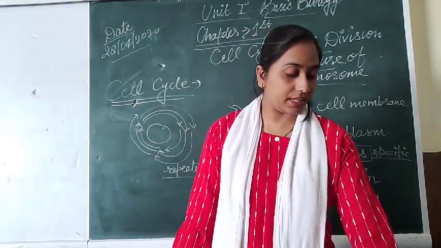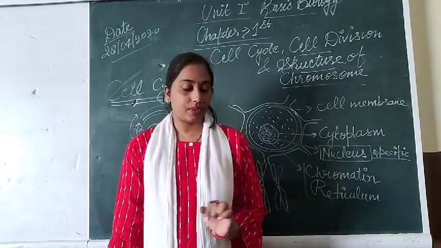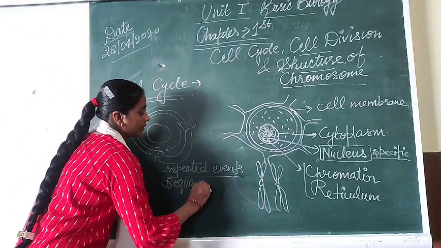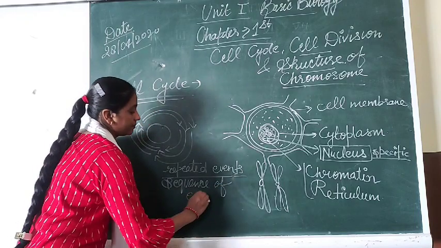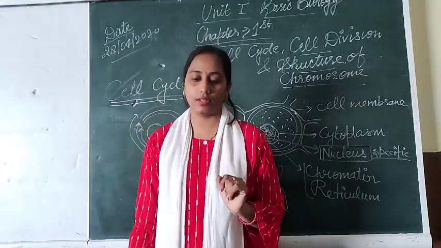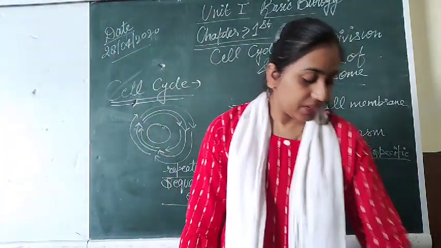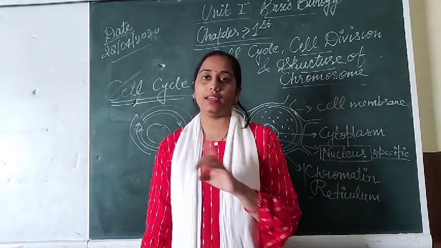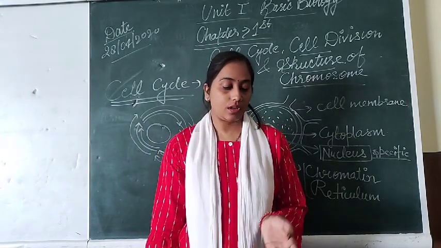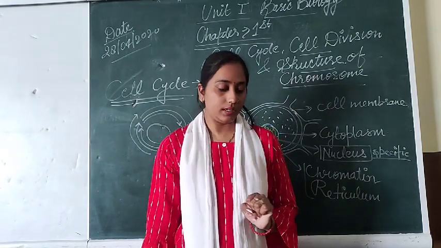We can say that division passes through events again and again, or a sequence of events, is called cell cycle. If you want to write down the definition of cell cycle, you can write that division passes through again and again events or sequence of events. It is called cell cycle.